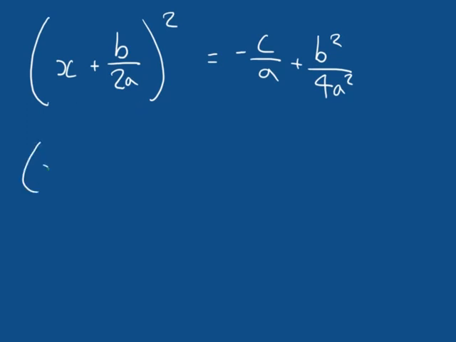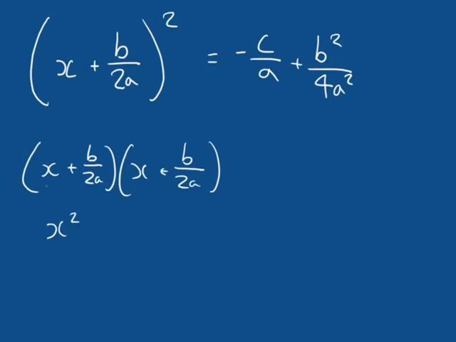Well, that's the same as x plus b over 2a times x plus b over 2a, which means we need to multiply x by x, so that's x squared, then x by b over 2a, so plus x times b over 2a.